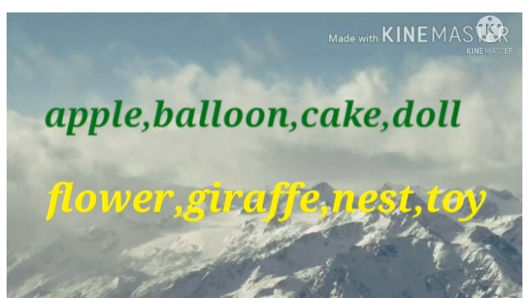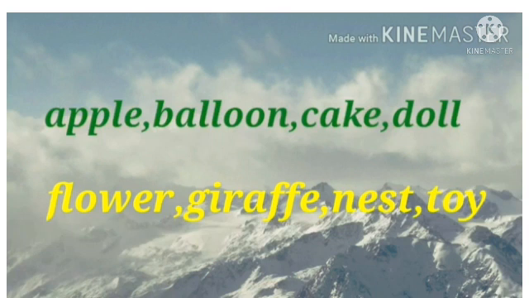The first word, apple, begins with the letter A. Balloon begins with the letter B. And cake, the first letter C, and doll, first letter D. See, all the first letters of these words are in alphabetical order. A, B, C, D, like that order.